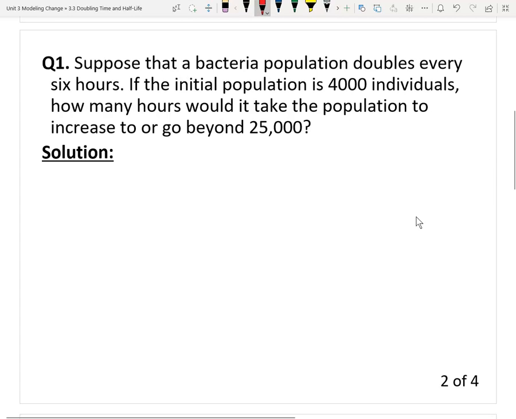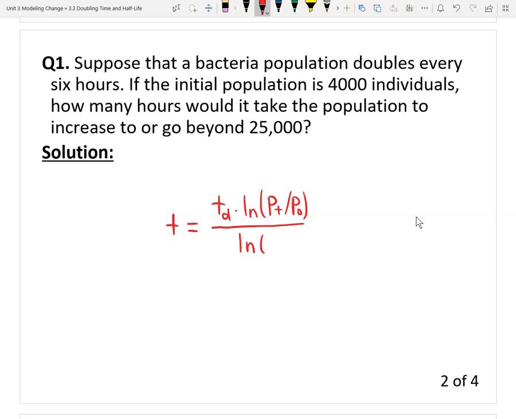The time formula is this: time t equals a big fraction. The numerator is td, doubling time, times ln of pt, future, over p0, initial. The denominator is ln of 2. Let me highlight. All we need is this formula. Now we plug in all the parameters.